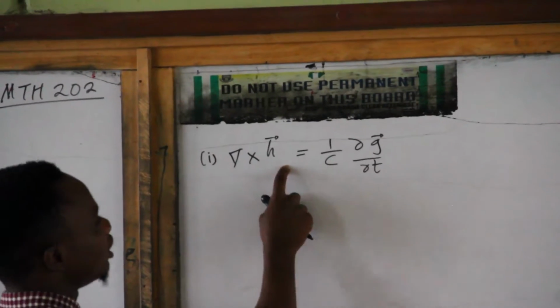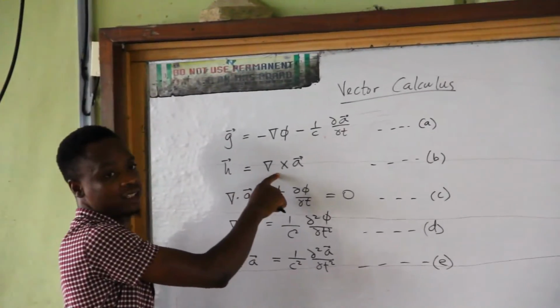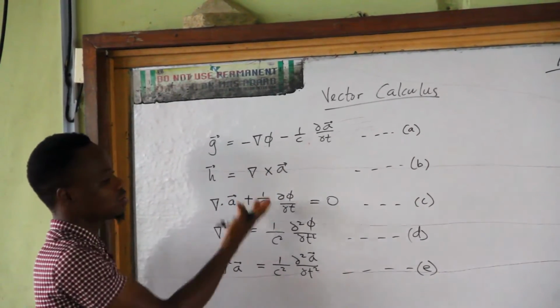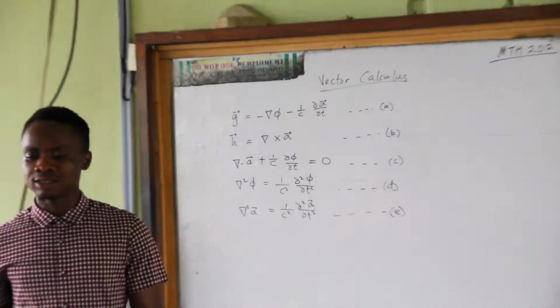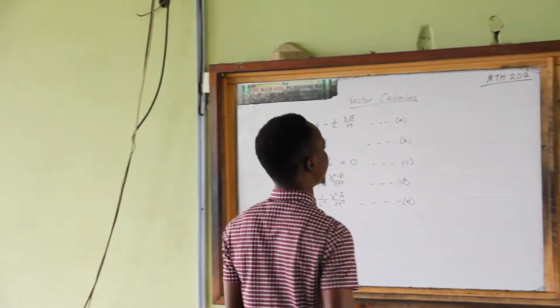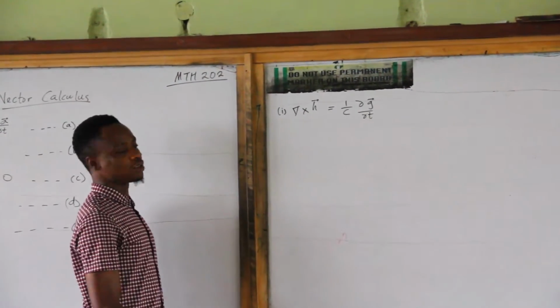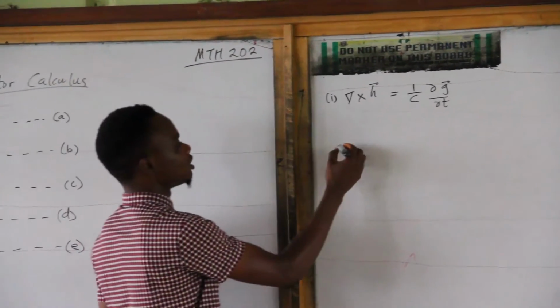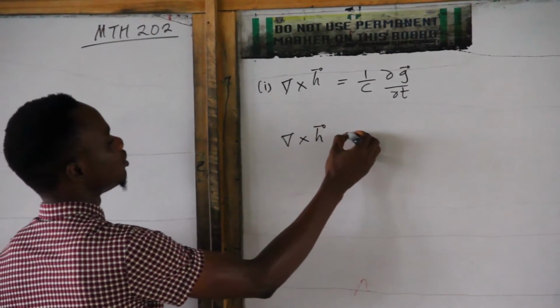So it means that we want to show that this thing, nabla cross H, is equal to this, where H is defined this way, and these conditions also hold for H, A, and the others that we have been given. So let's see. We go from the left hand side and see how it gives us the right hand side. So nabla cross H. What do you think this is going to be?